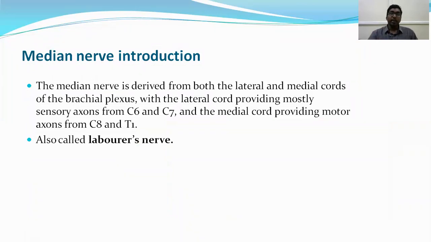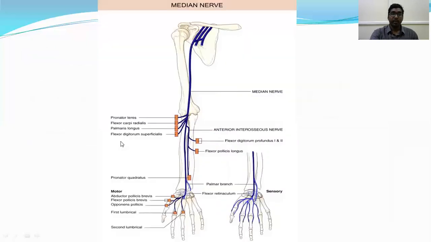The median nerve is also called the labourer's nerve. This is the median nerve anatomy. It is formed by the lateral cord and medial cord. In the arm, the median nerve has no branches; it has branches only at the elbow and below.